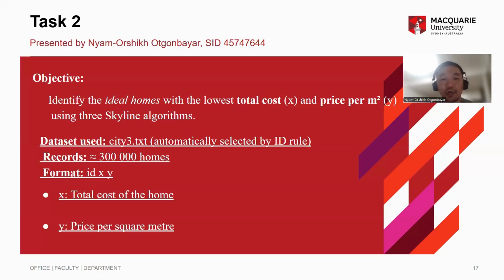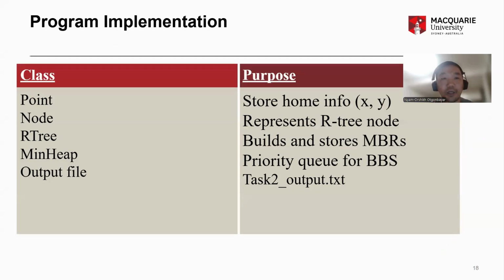So efficiency and computation time are more important. So we use an R-tree and branch and bound skyline to reduce computation time. Following the program code we implemented: first is the Point class, second the Node class, third the R-tree, and also MinHeap.